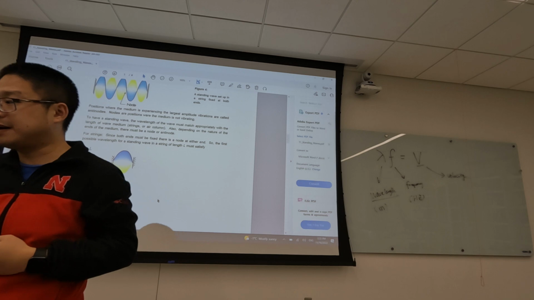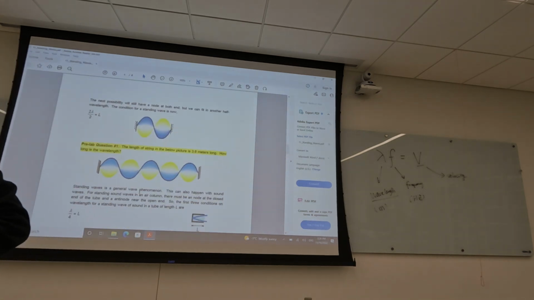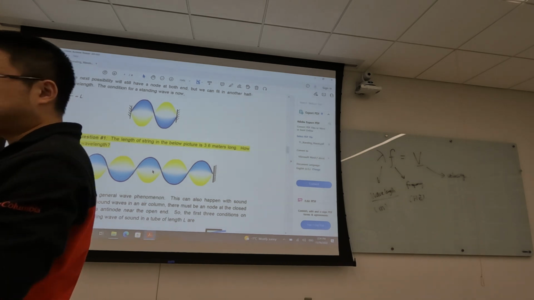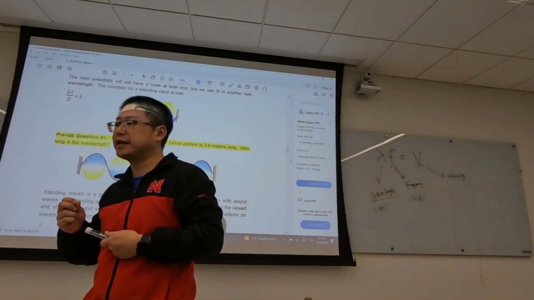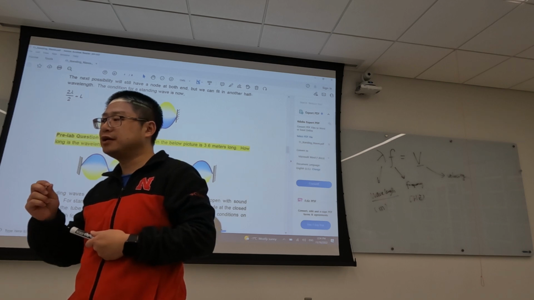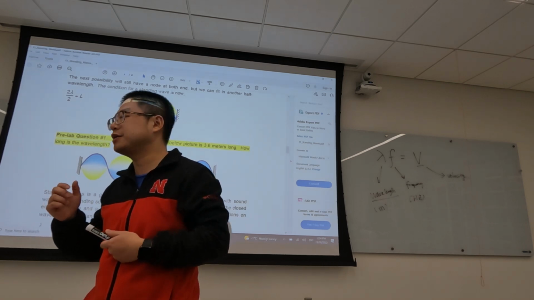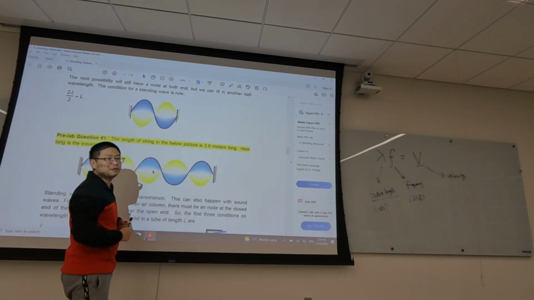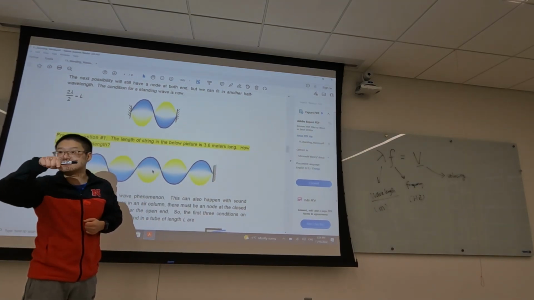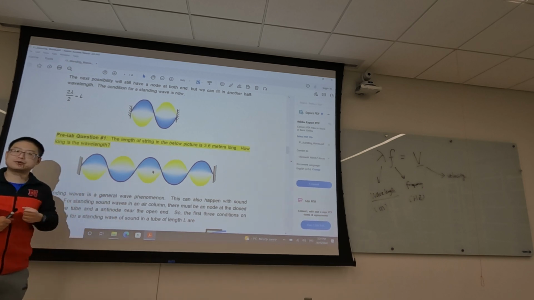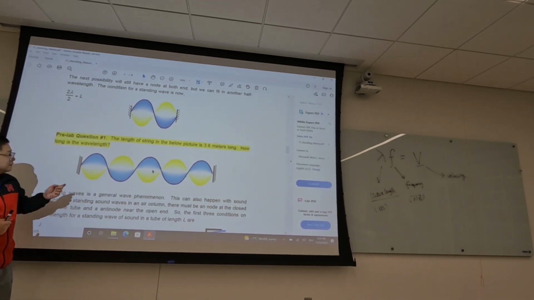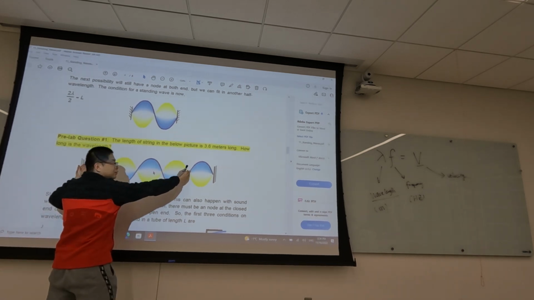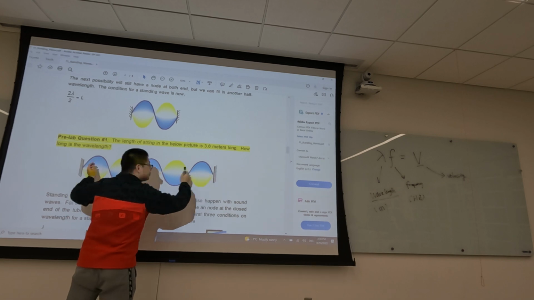So how about pre-lab question 1? How did you calculate the wavelength? Pre-lab question 1: the length of the string in the below picture is 3.6 meters. So from here to here is 3.6 meters, that is L. Then we take a look at how many lambda. This is 1 lambda, 2 lambda, 2.5 lambda, right?